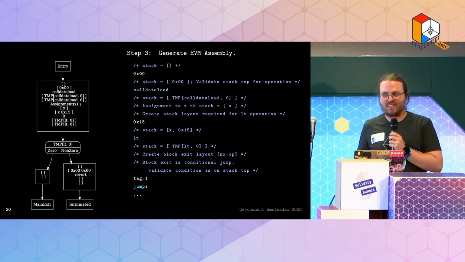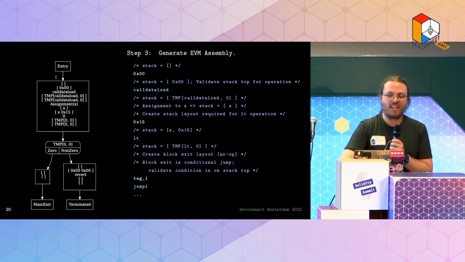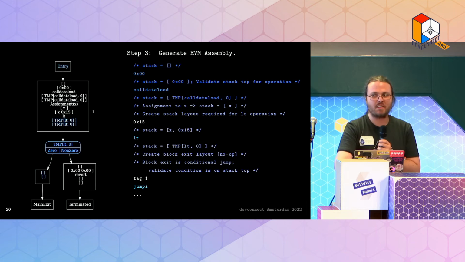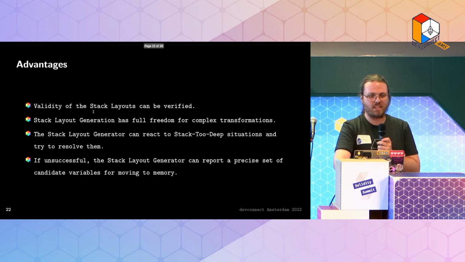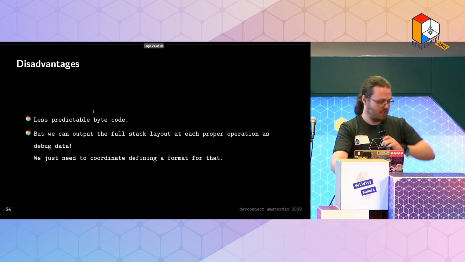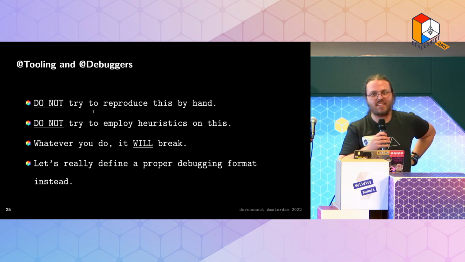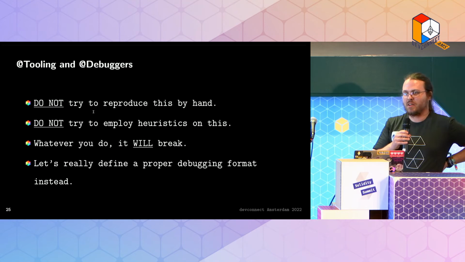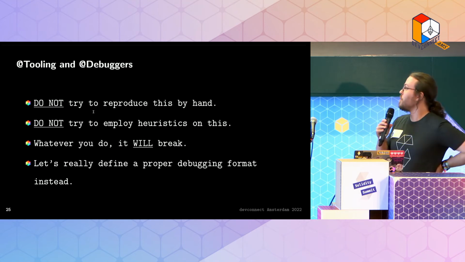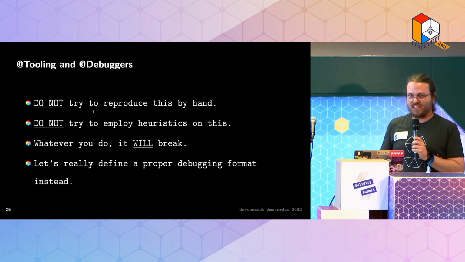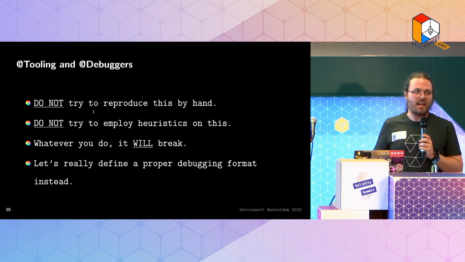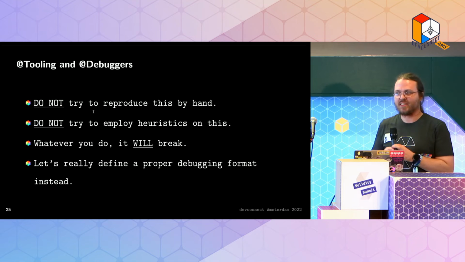But that means that tooling will have a hard time to reproduce that. So we need to get to debug data that will actually tell tooling what we did instead of trying to reproduce what we do there. But we have this information, so we just need to come up with a format for outputting it.